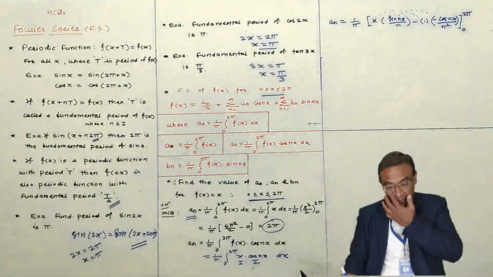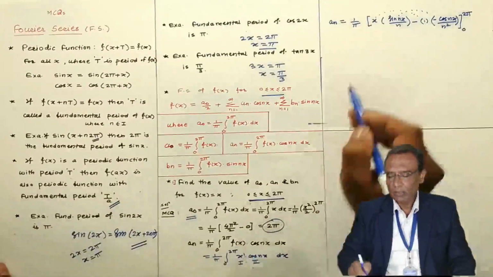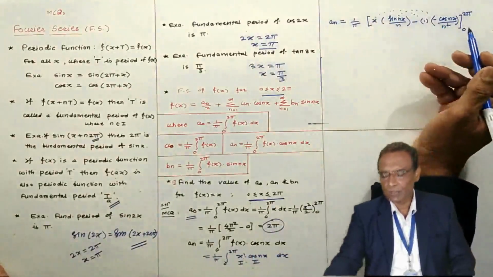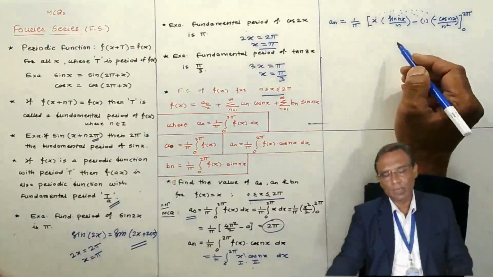In short, you may remember, when you apply generalized by parts, if the power of x is 1, then you must get two non-zero terms, because the rest of the terms become 0 because of the derivative. Derivative of x is 1, derivative of 1 is 0.